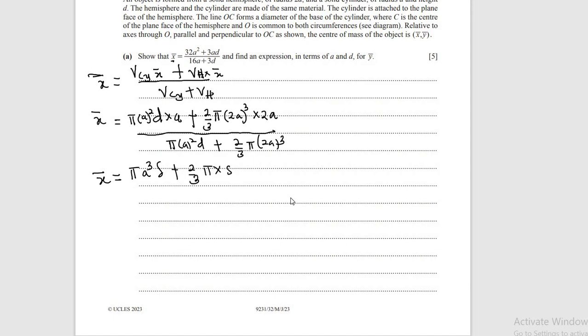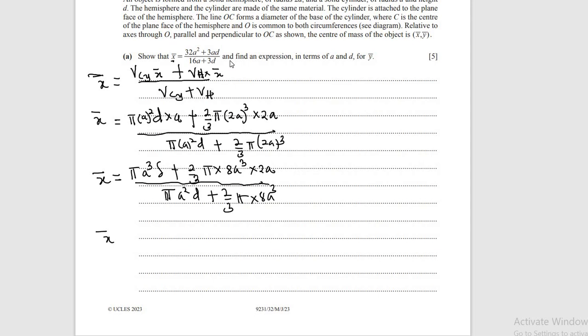This one will give us 8a cubed multiplied by 2a, over the bottom. We also have something like pi a squared d plus 2/3 pi 8a cubed. So let's simplify.